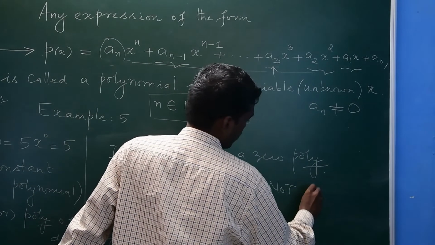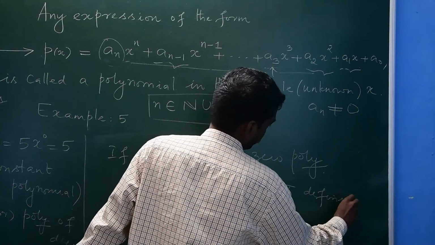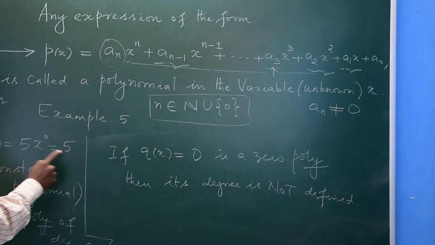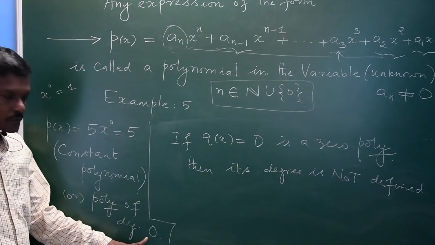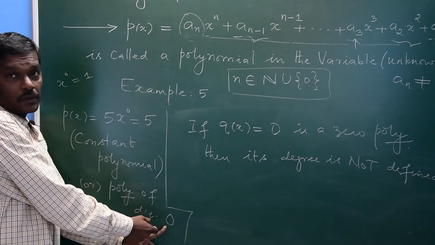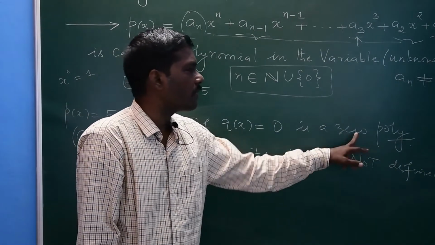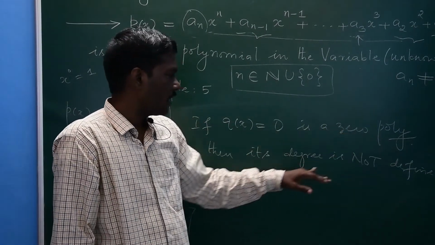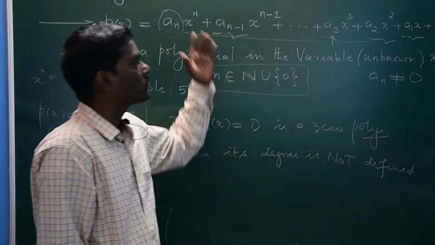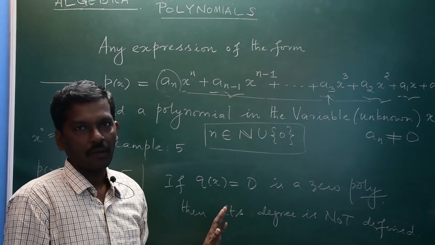So we have to remember two things now. If a polynomial is a constant polynomial, it is of degree 0. If a polynomial is a zero polynomial, its degree is not defined. So this is the introduction about polynomials.